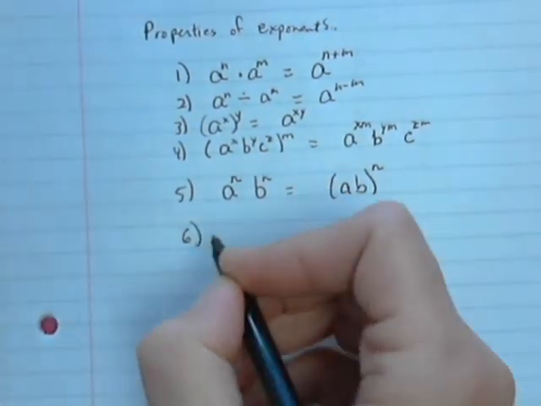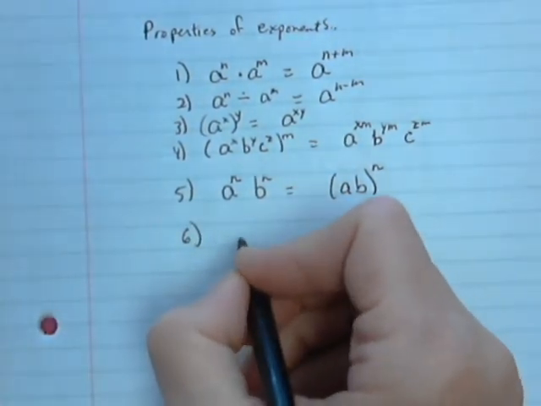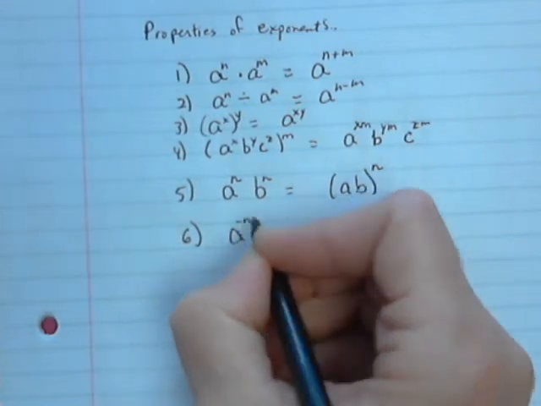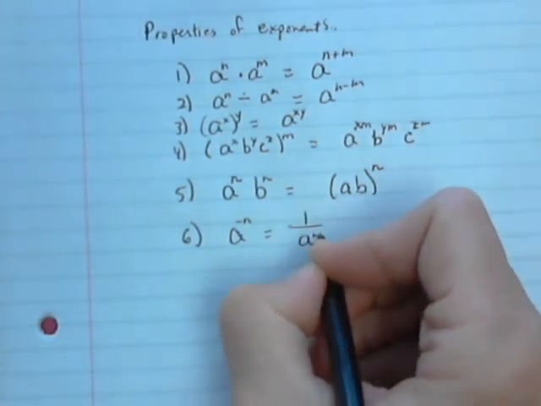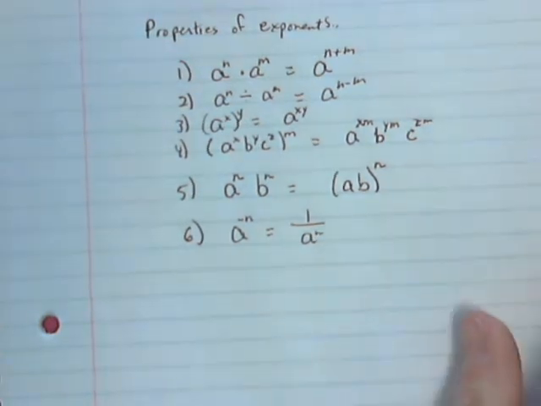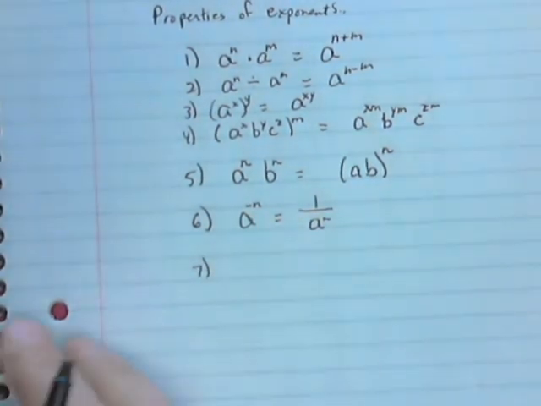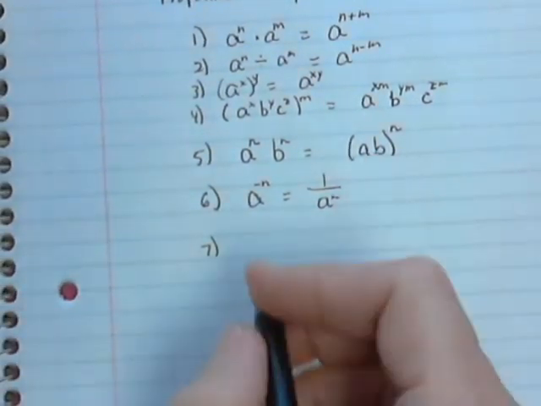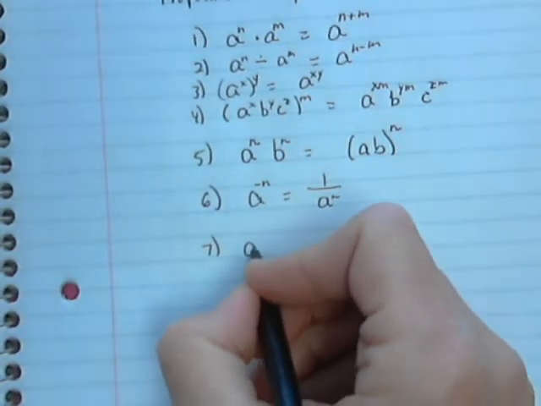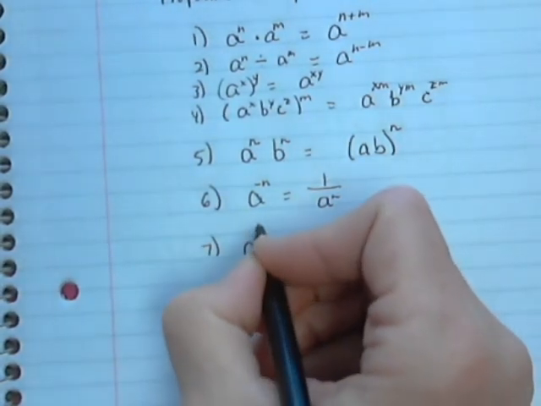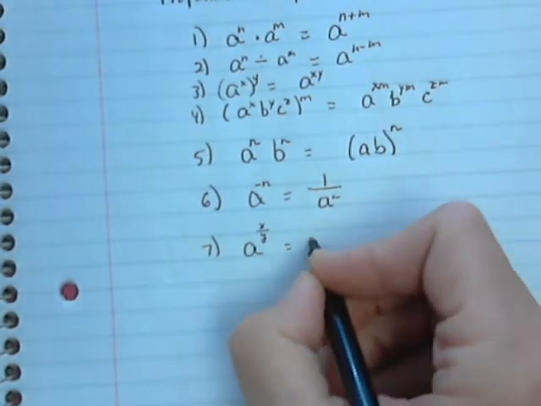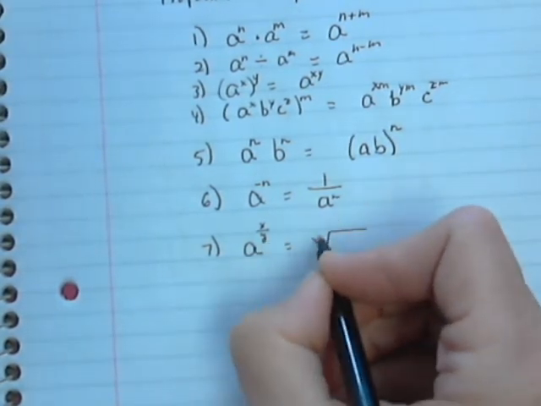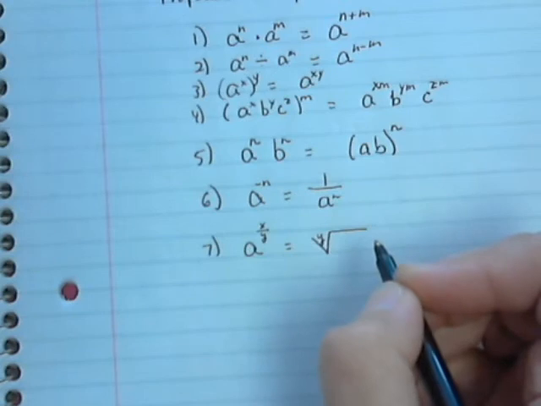The sixth rule is the negative exponent rule. A to the negative nth power is equal to 1 over a to the positive n power. The seventh rule is the fractional exponent rule. If you have a taken to the power of x over y, this becomes a radical, and the y is the index of the radical.